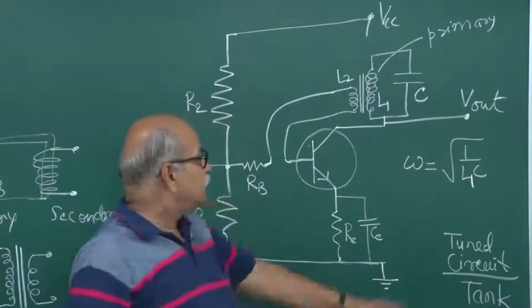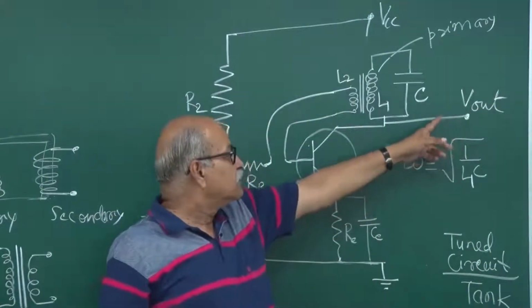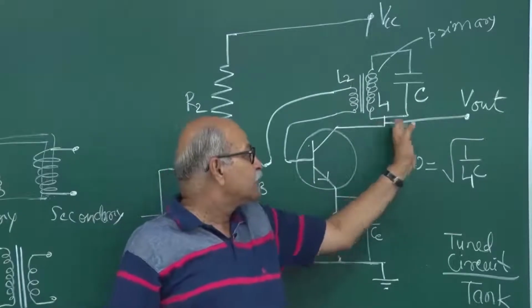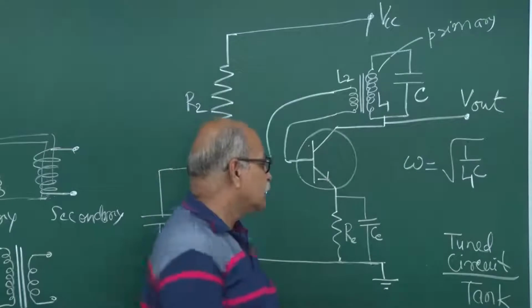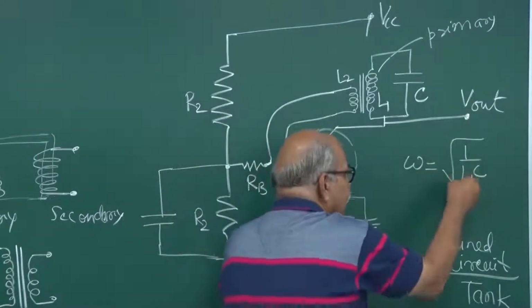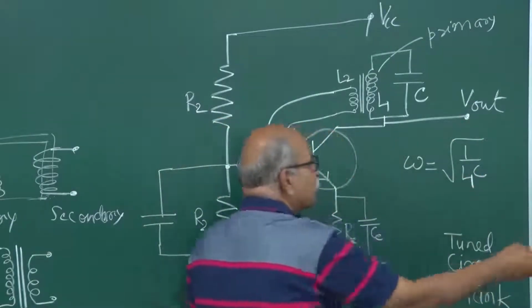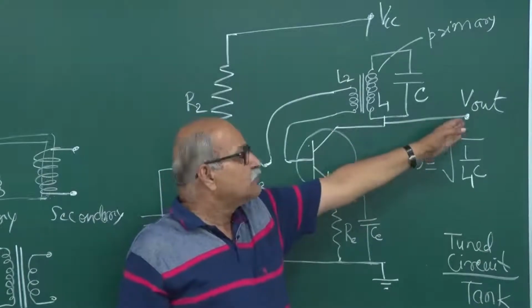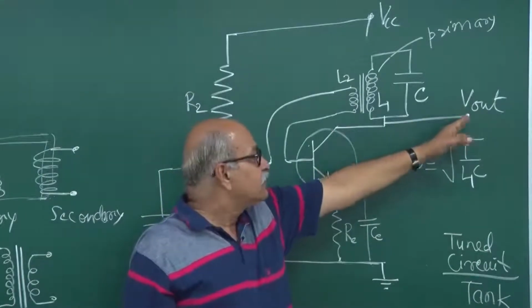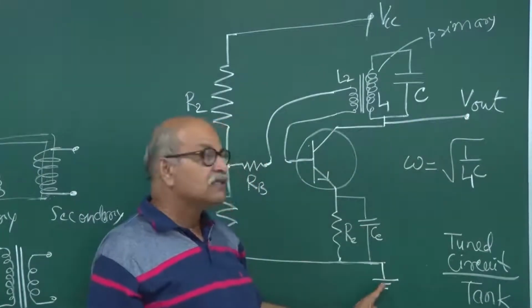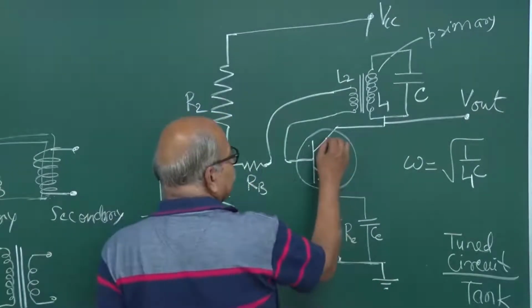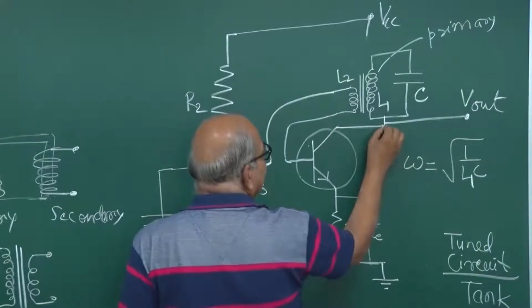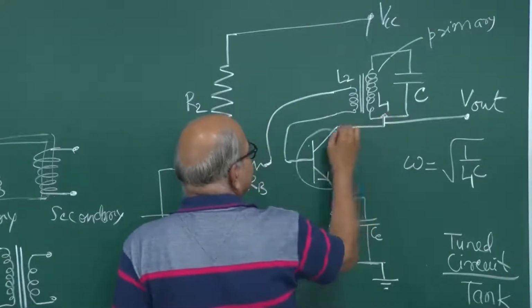And when I write V out here, that means the voltage is taken from here with reference to the ground. I could have put a line here and said that here is the output, but writing V out itself means that this is with reference to this ground line. Okay. So the amplifier is putting its contribution here.